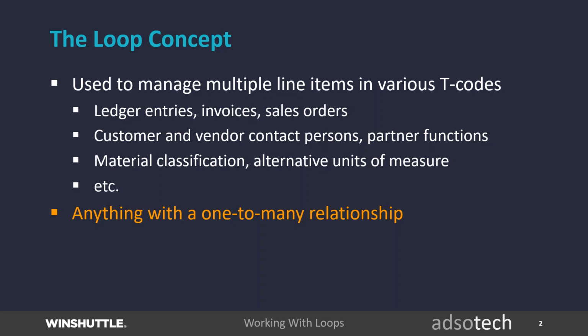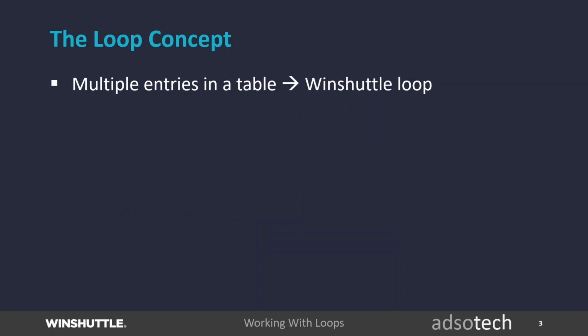Anything that has this kind of one-to-many relationship, or a list of line items, is where you will actually need to use a loop with Winshuttle. I have a couple of examples here, just to give you a better idea of what these are.